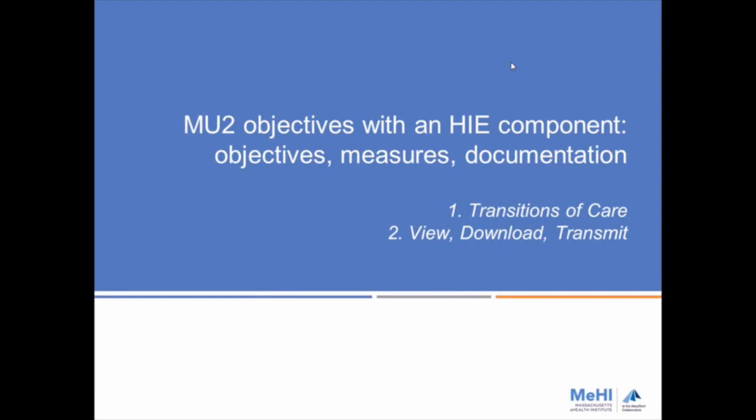Objectives, measures, documentation. A key element, and Sean alluded to this, which makes my work particularly challenging, is CMS uses those terms somewhat interchangeably, objectives and measures. The objective is what it is you want to achieve. And if you look at the table of contents for Stage 2 or Stage 1, it calls them objectives.